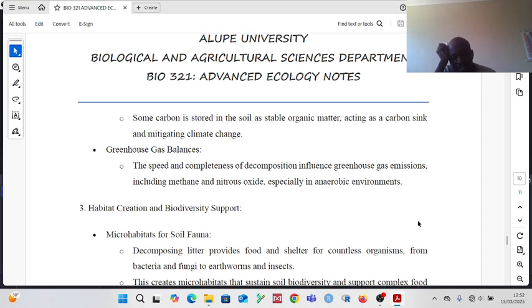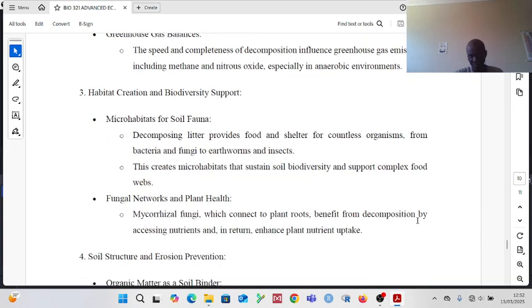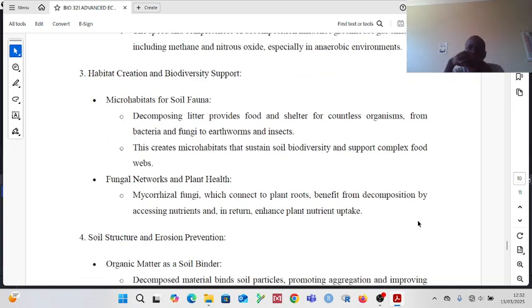Greenhouse gas balances. So the completeness and the speed at which decomposition happens will influence the greenhouse gas emissions. So gases like methane, nitrous oxide can be released on the basis of how fast decomposition is happening. Okay. Then habitat creation and the biodiversity support.